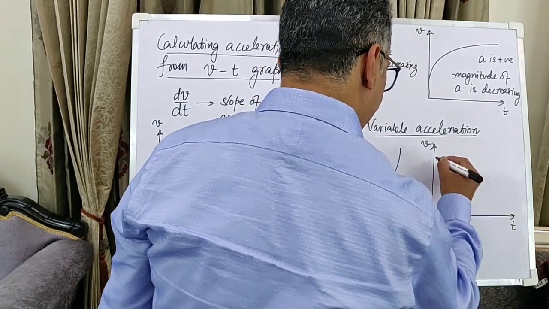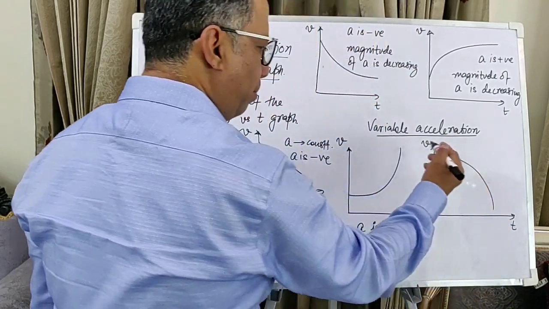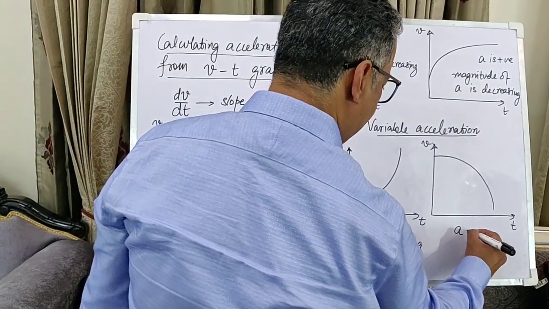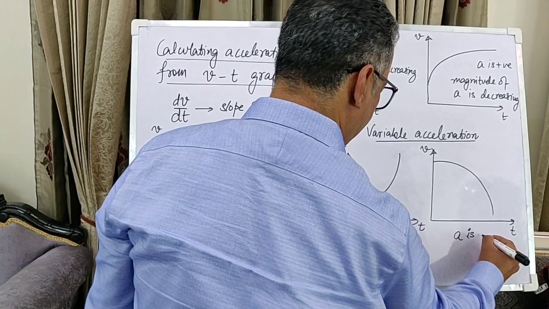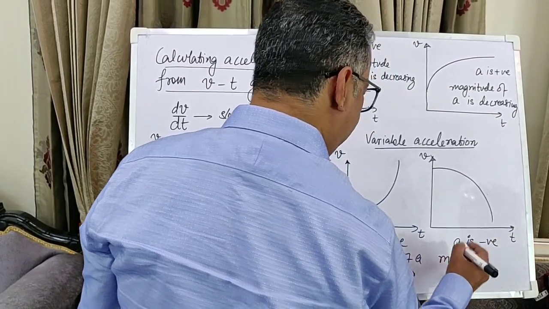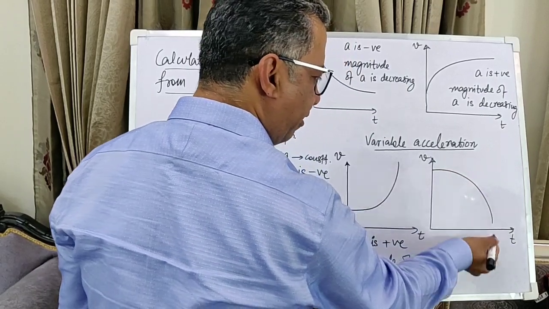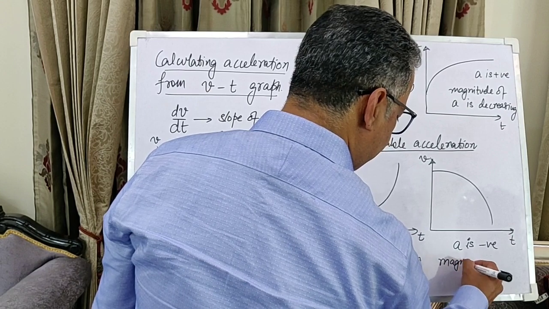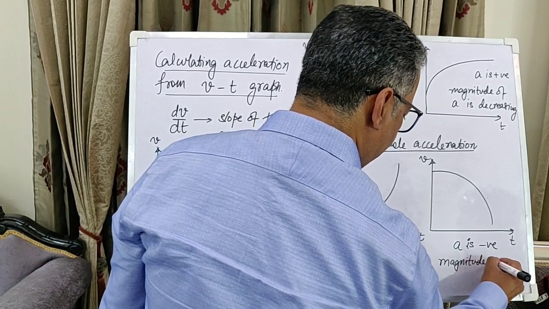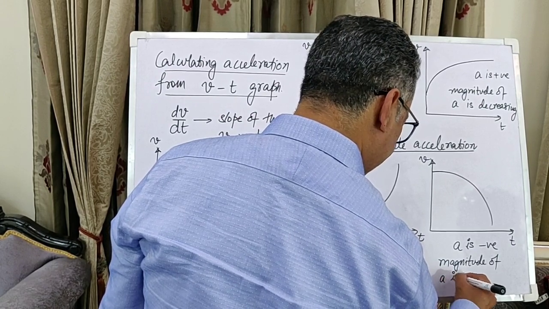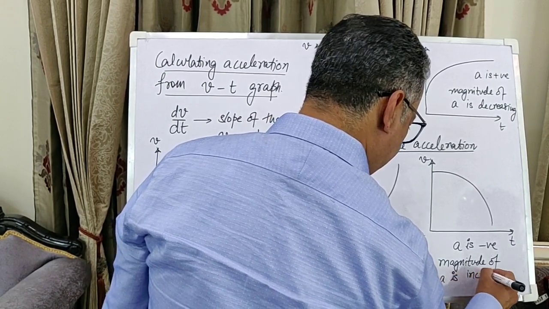So you have a graph with a negative slope but increasing slope, and here acceleration is negative, but magnitude of acceleration is increasing because graph has an increasing slope. So magnitude of A is increasing.